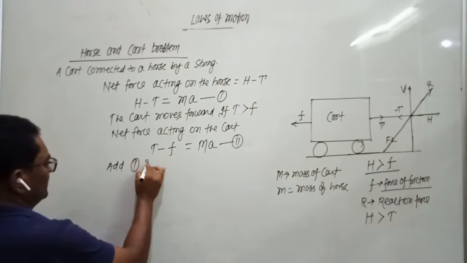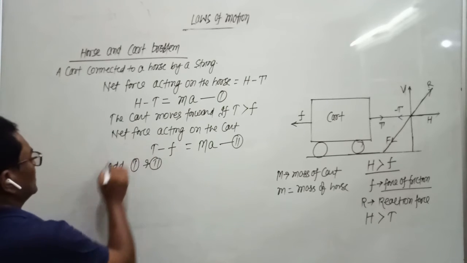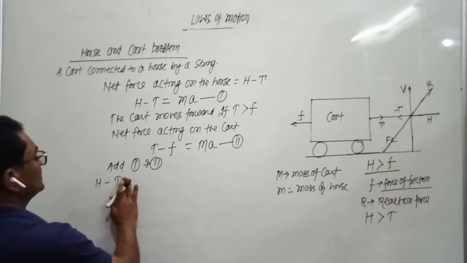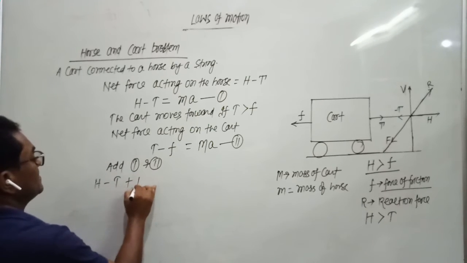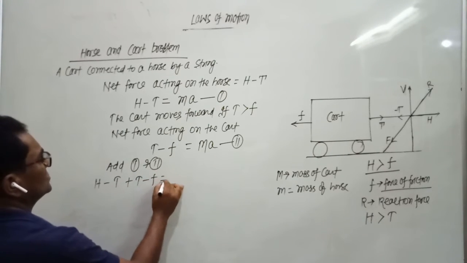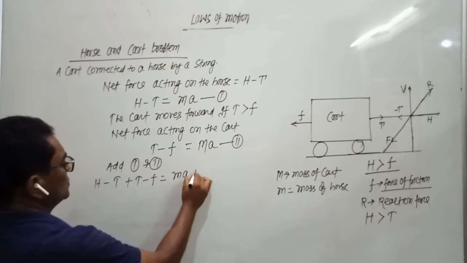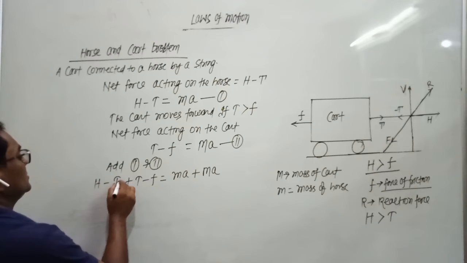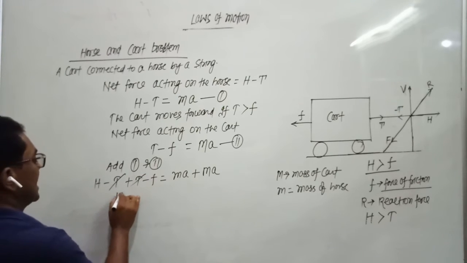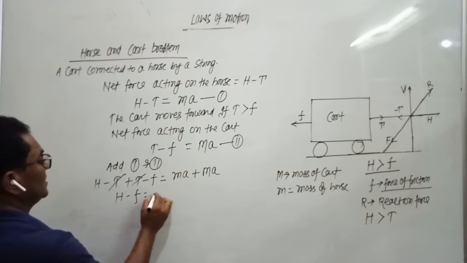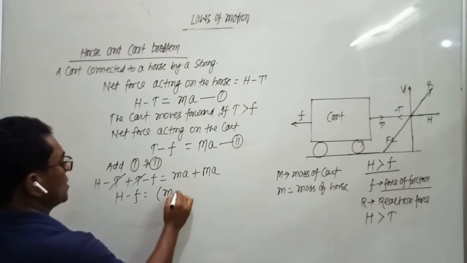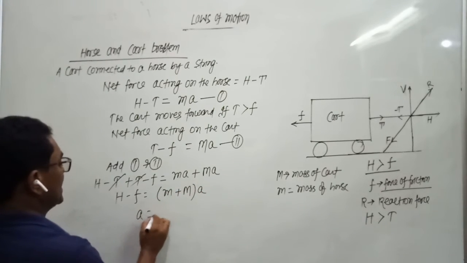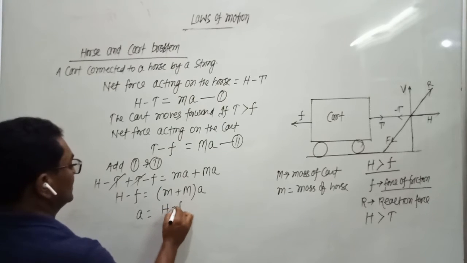Add first and second. So we get H minus T plus T minus F equals m into A plus capital M into A. So T and T get cancelled, and H minus F equals A is common, m plus M into A, and we find the value of acceleration.